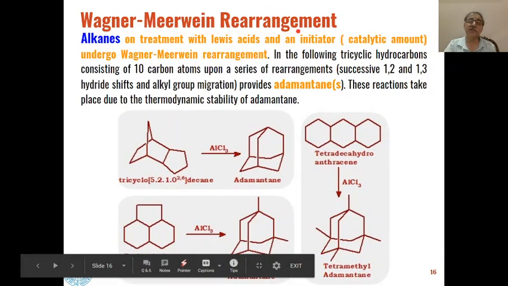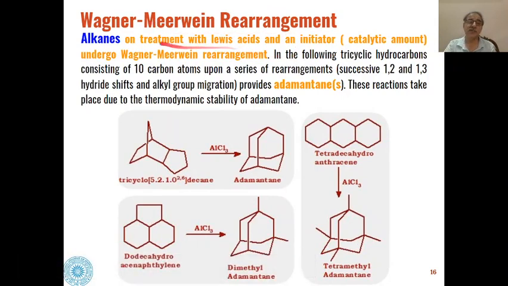Wagner Meerwein rearrangement has also been achieved in the case of alkanes. So when alkanes are treated with Lewis acids and an initiator is used in only a catalytic amount, these alkanes will undergo Wagner Meerwein rearrangement. The most common example is this one, tricyclo 5.2.1.0 2,6 decane, which in the presence of anhydrous aluminum chloride is converted into adamantane.